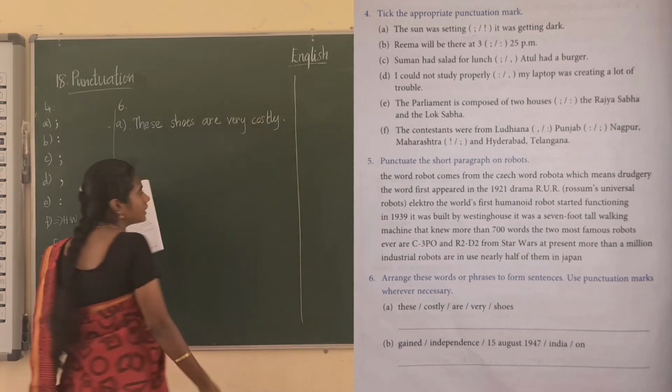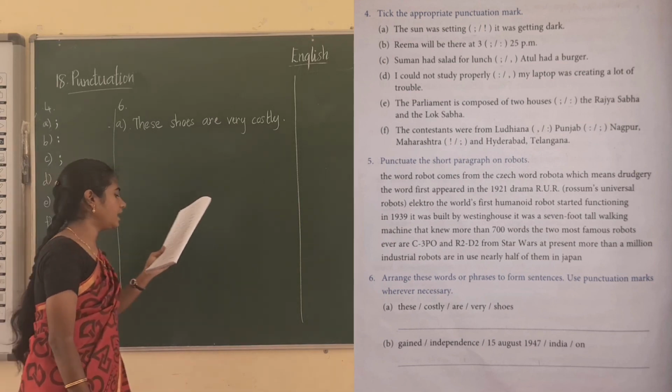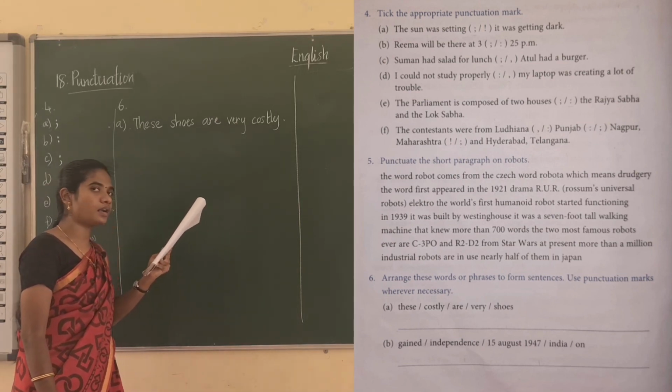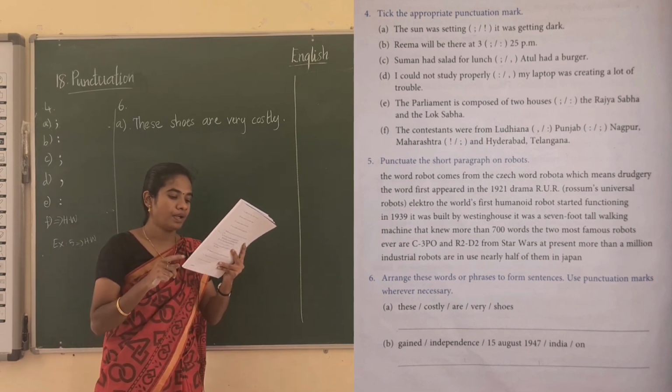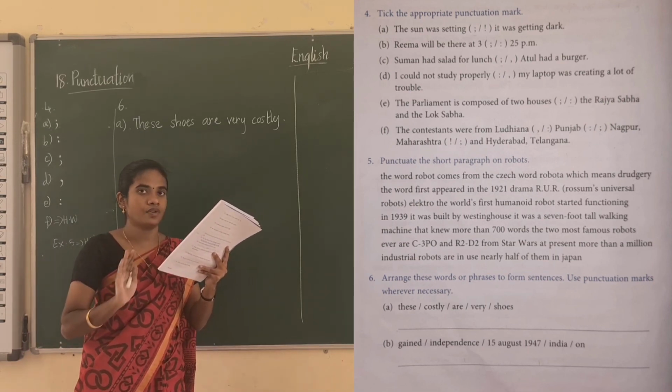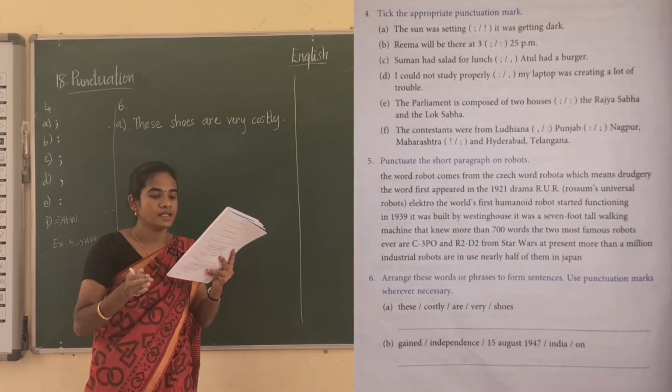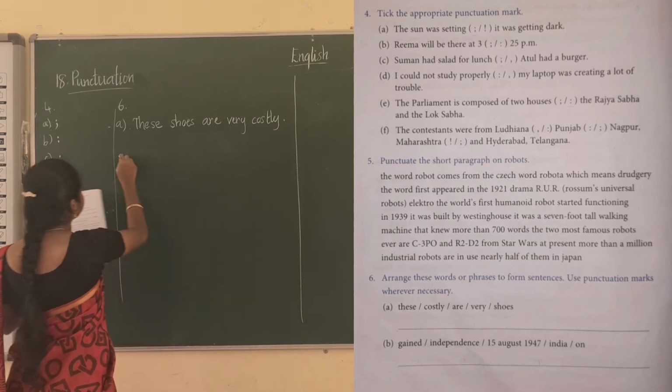Put a full stop here. See the next one. Gained independence 15 August India on. So the answer is India gained independence on 15th August 1947. So we have rearranged the sentence.